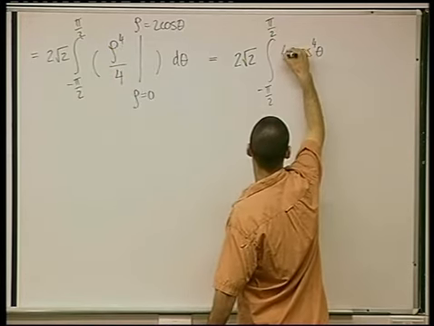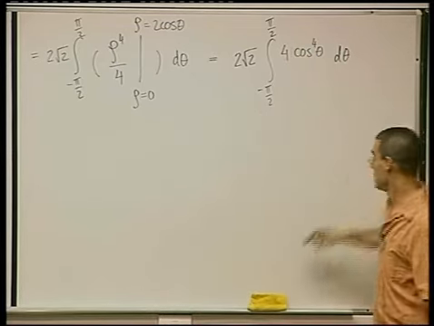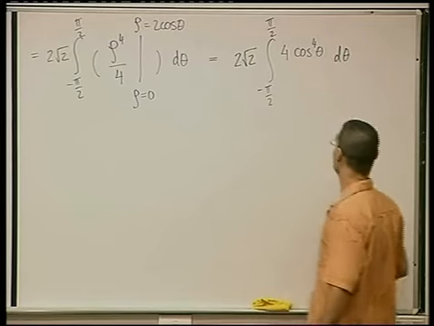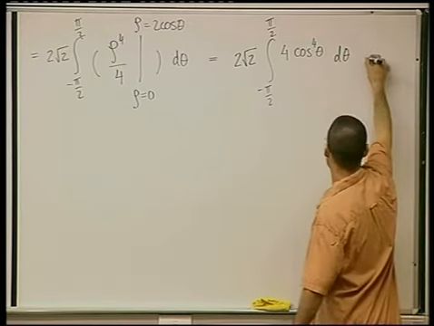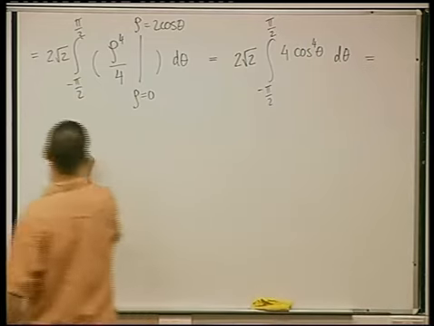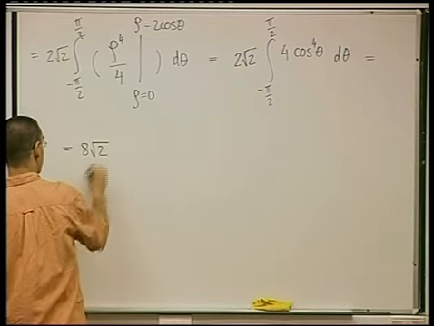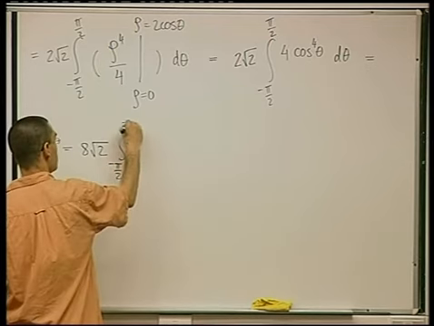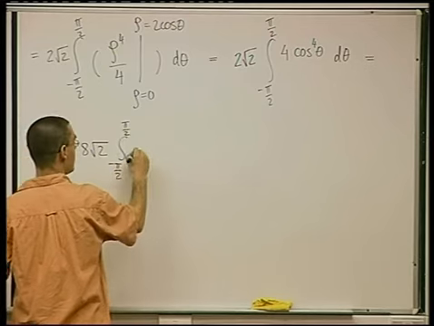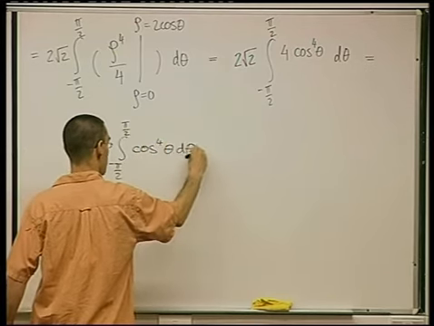So I get a 4 here, and then a d theta. Good? Now I can throw the 4 out. So I get 8 root 2 times the integral from minus pi over 2 to pi over 2 of cosine to the power 4 of theta d theta.